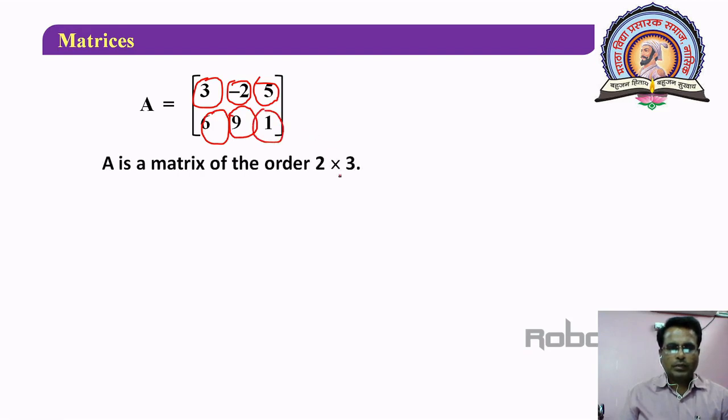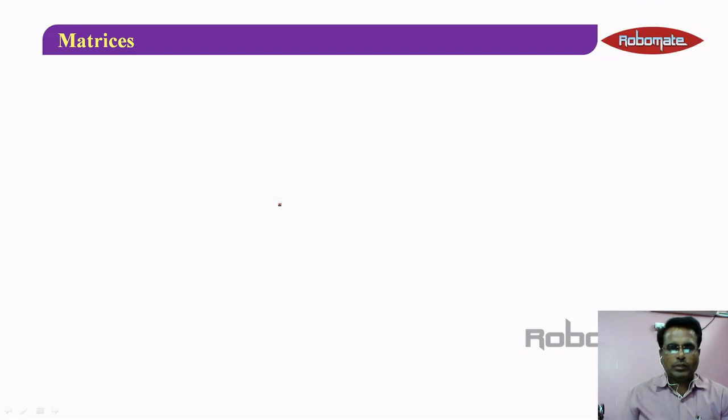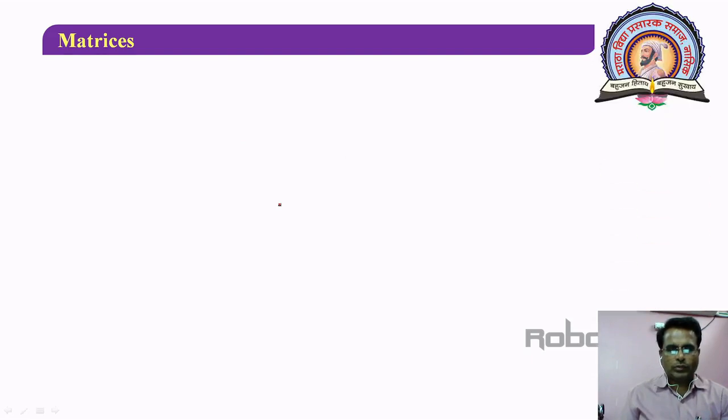Hence this is a matrix of order 2 by 3, and therefore clearly a11 is equal to 3, a12 is equal to -2, a13 is equal to 5, a21 is equal to 6, a22 is equal to 9, and a23 is equal to 1. In this way you can consider the representation of a matrix with the general form. That is, every matrix can be compared with the general matrix.